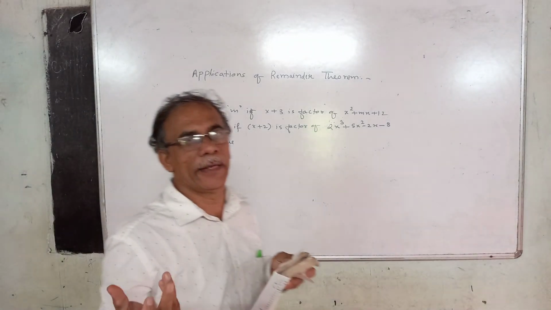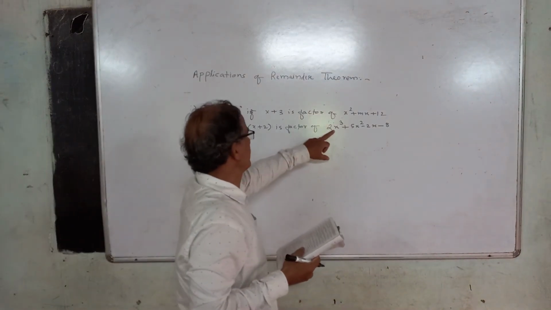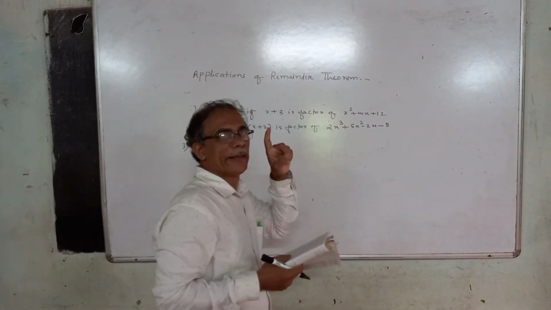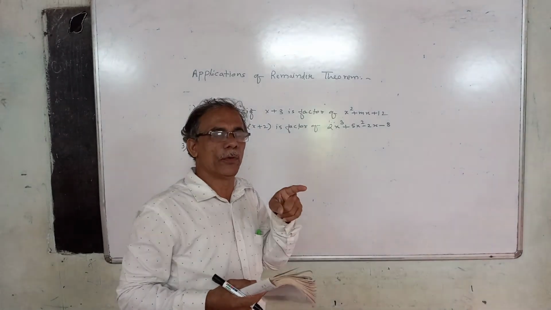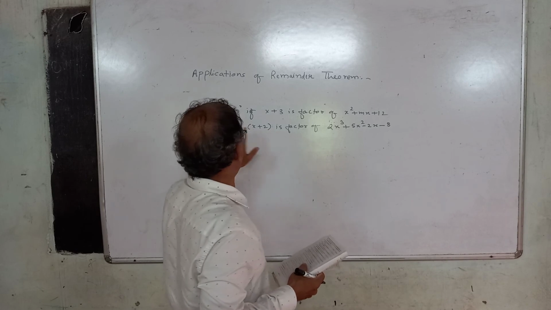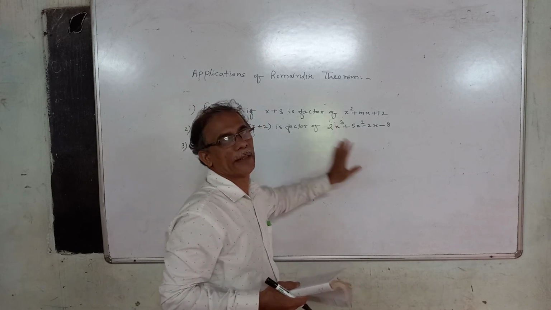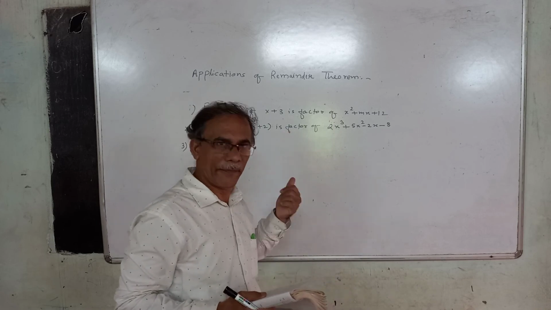To determine that, using the remainder theorem you find the remainder. For x you have to substitute minus 2. If you get the remainder r is equal to 0, then you write x plus 2 is a factor. Suppose it is not 0, you get r is equal to 5 or 10, you will write it is not a factor.